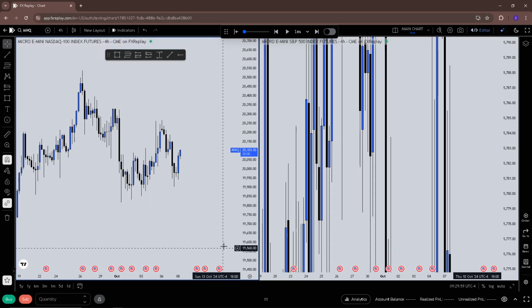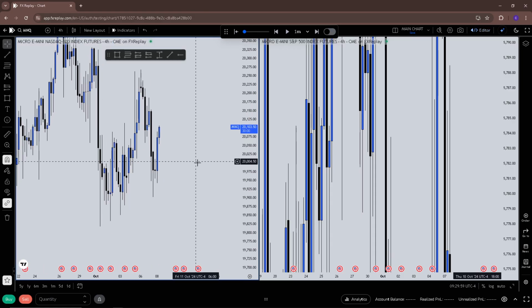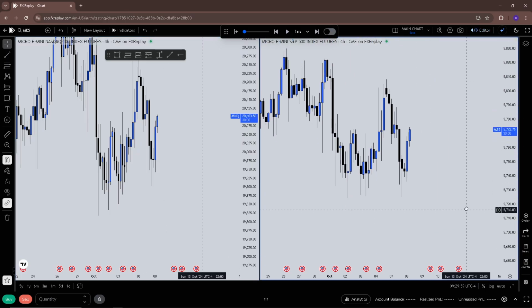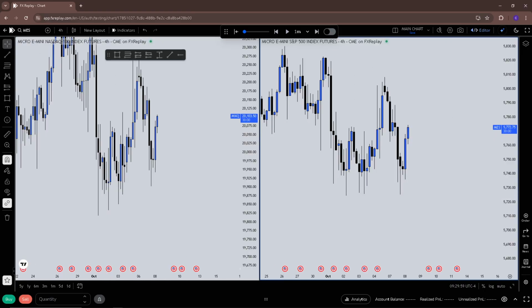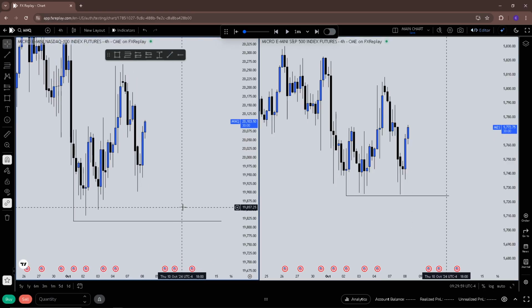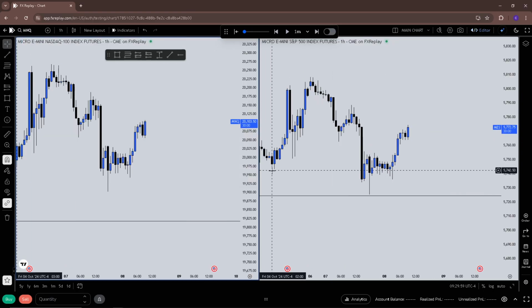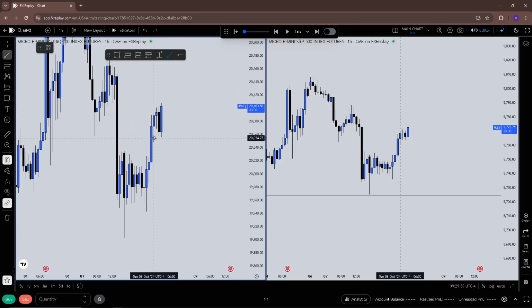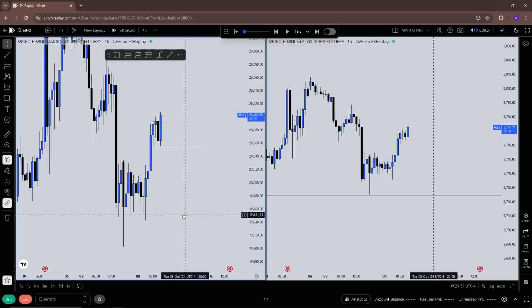We're still delivering inside this 4-hour. Still left this swing low. We have an unfilled hourly.